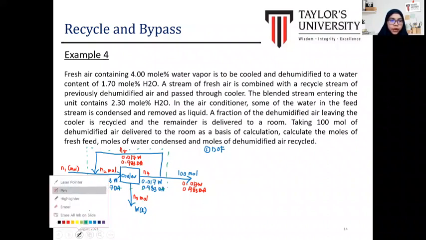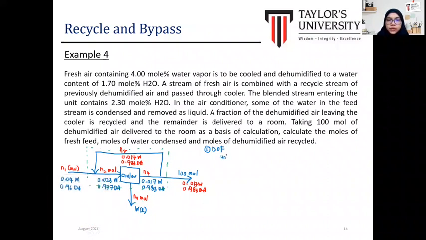So for the DOF, unknown variables, we have 1, 2. And then what else we have? Balances. We have 2, since we have 2 components here. Then DOF for overall, then DOF for here, maybe we can name it the mixing point.